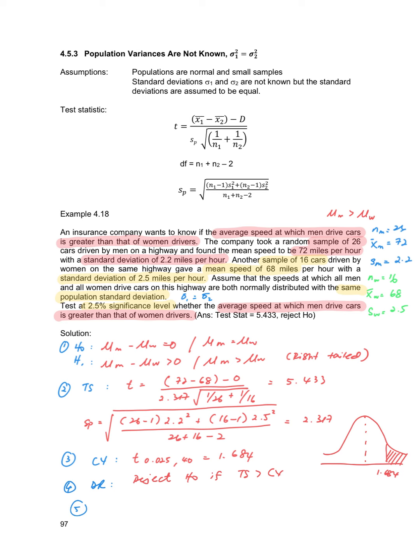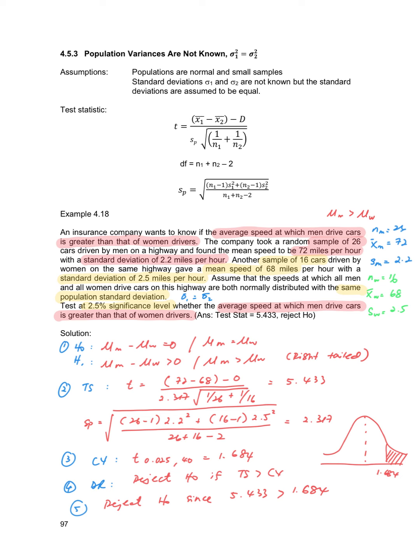So we can decide here, we reject H0 because 5.433 is more than 1.684, so we can conclude that there is significant evidence that the average speed at which men drive cars is greater than women drivers.